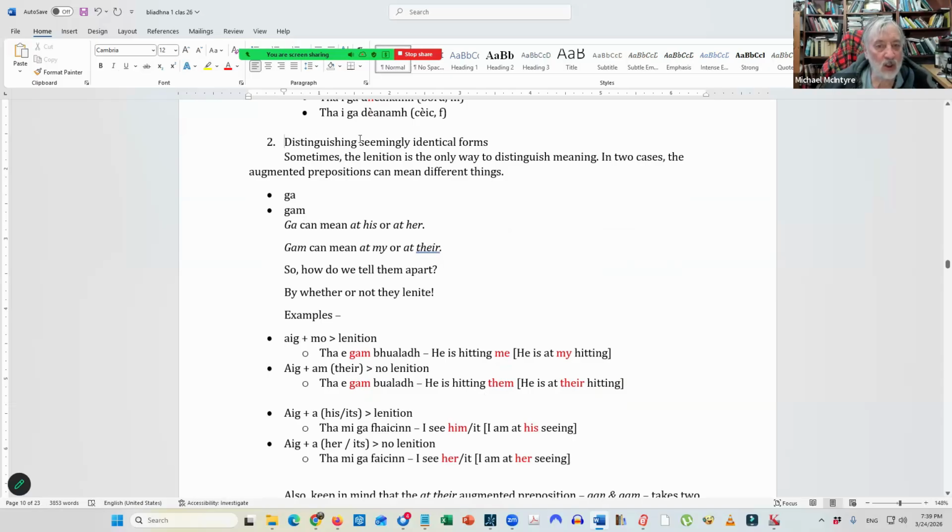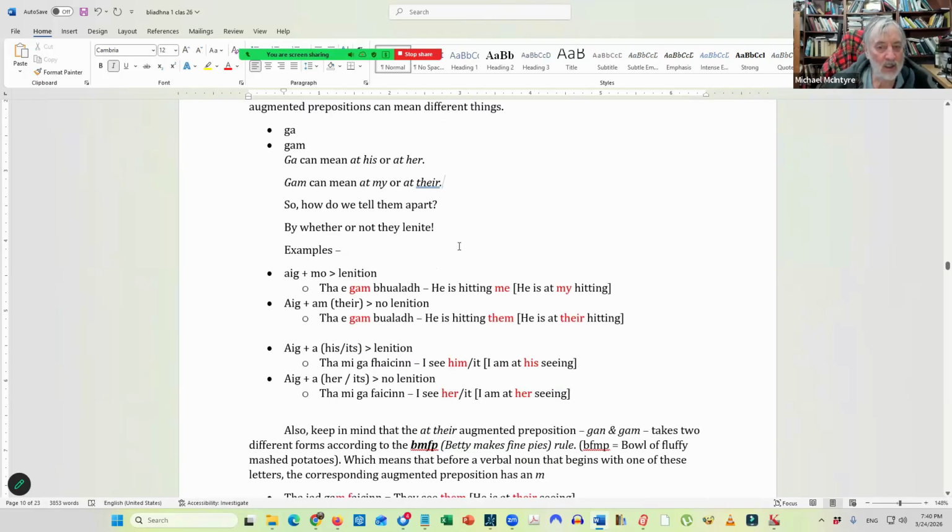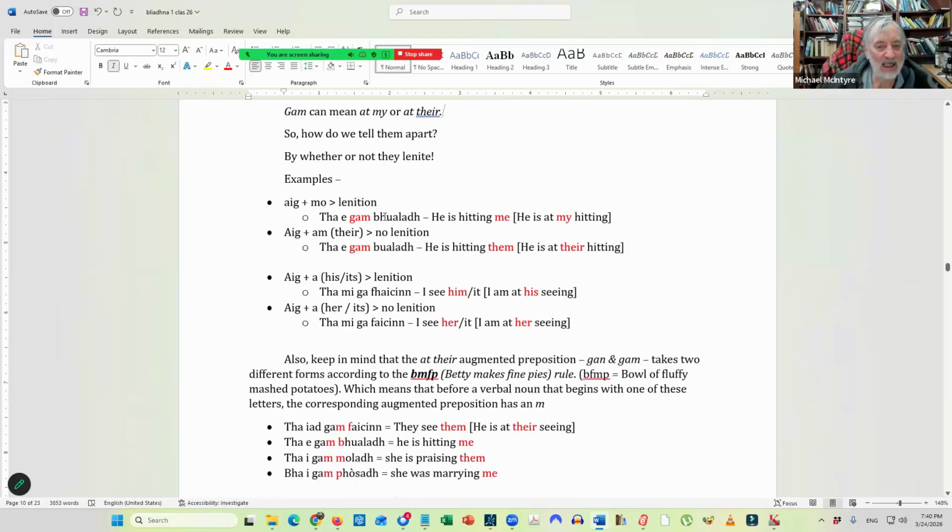And then distinguishing identical forms, seemingly identical forms. Sometimes the lenition is the only way to distinguish meaning. Ga can mean his, or at her. Gam can mean at my or at their. How do we tell them apart? From the lenition.